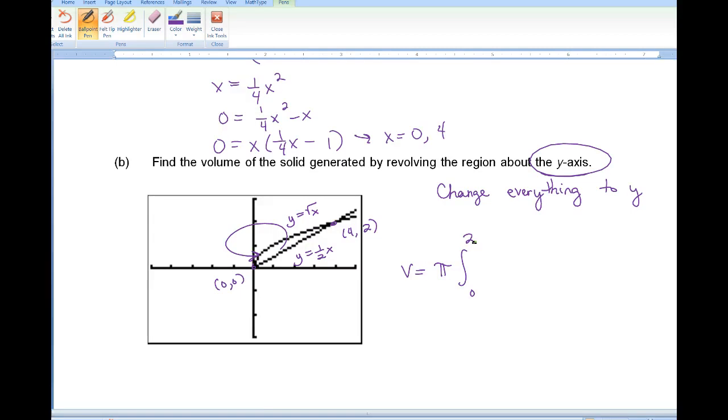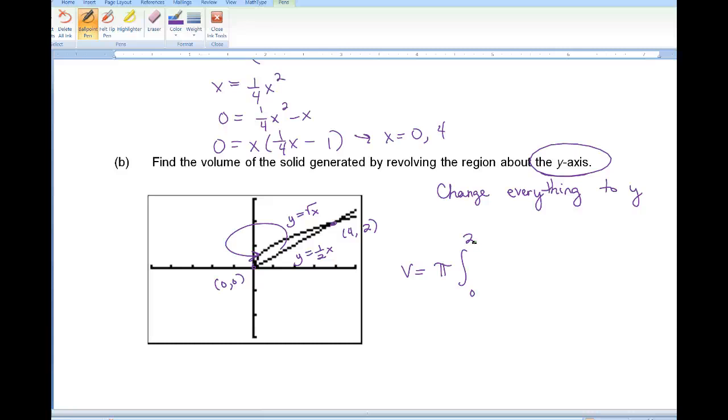Now, I have to figure out which one is big R and which one's little r. Which one's the outer radius if I rotate it this way about the y-axis? Is it the square root or is it the line? Which one is bounded on the right?